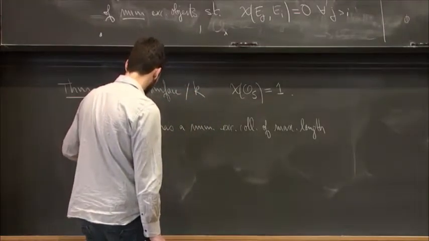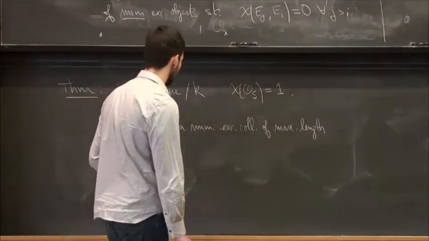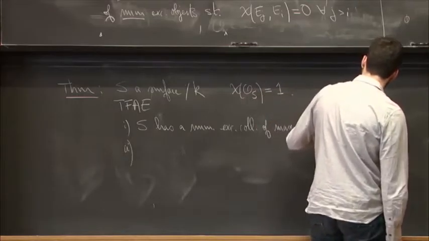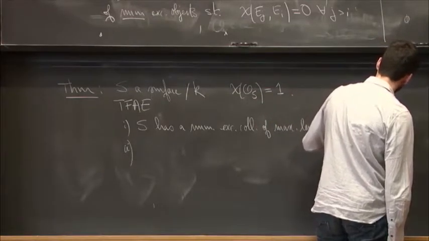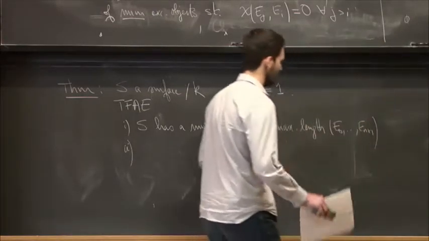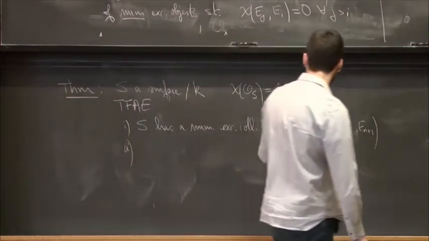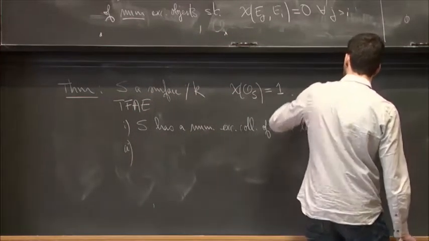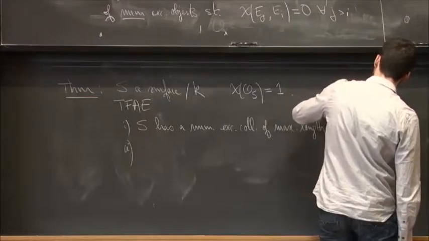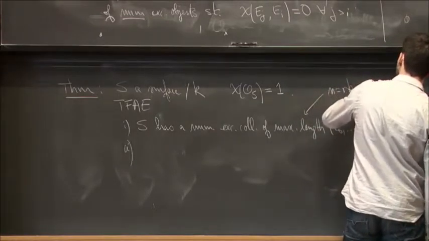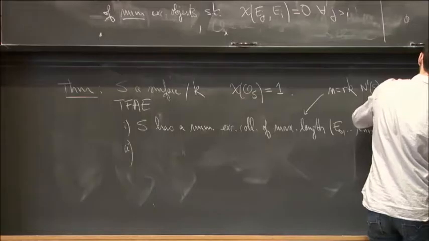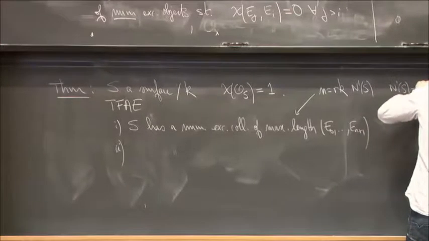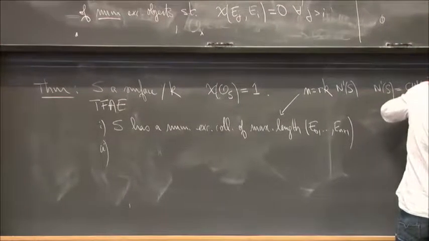Let's call it E_0, ..., E_(n+1). The reason I'm using this is that maximal length here just means that n is equal to the rank of N^1(S), where N^1(S) is just divisors modulo numerical equivalence.